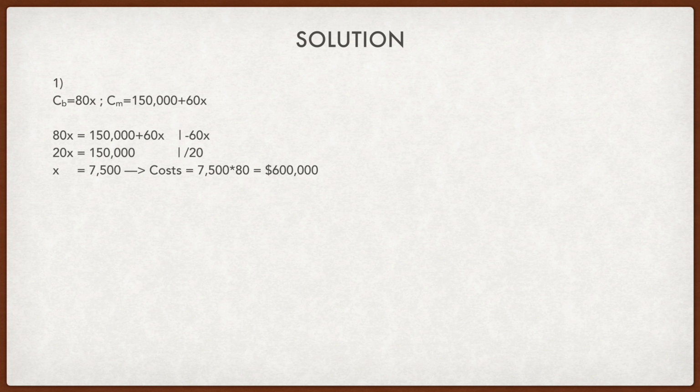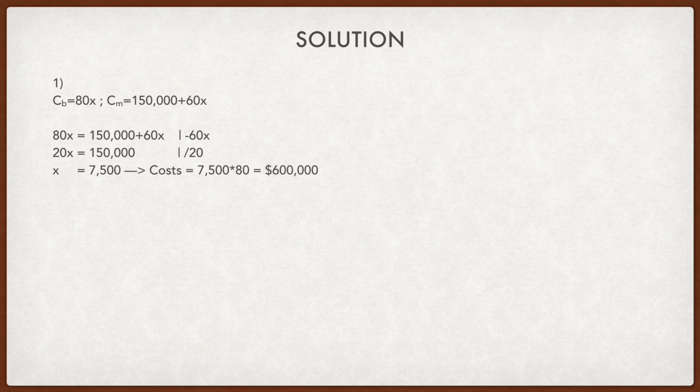Then you subtract 60x and you get 20x equals 150,000, divided by 20. So x equals 7,500. And at the units of 7,500, the costs of buying and making would both be 600,000. This is the part where both is equal, as I said already.